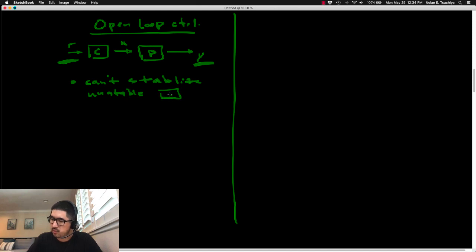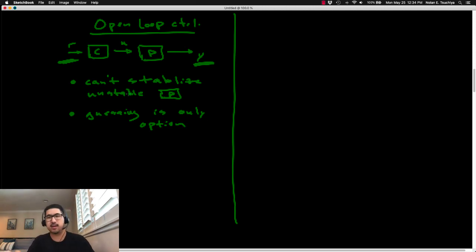It's impossible for an open loop control system to reliably stabilize an unstable plant. For that reason, because there's no feedback coming back to the controller, fundamentally guessing is the only option.